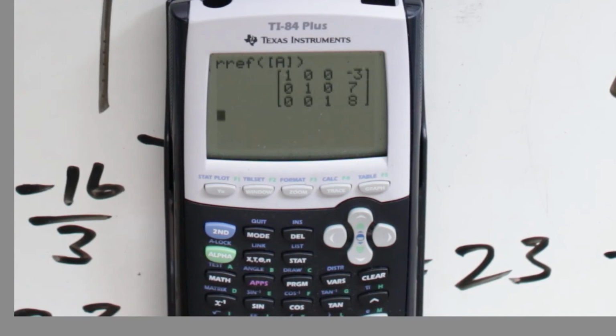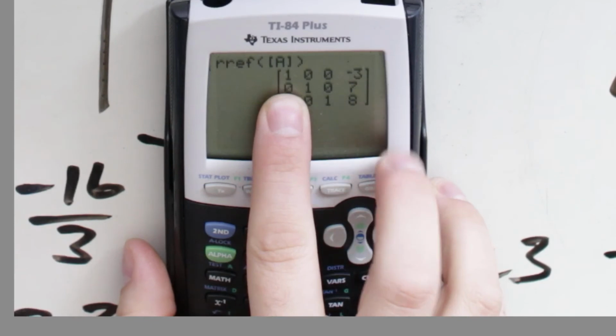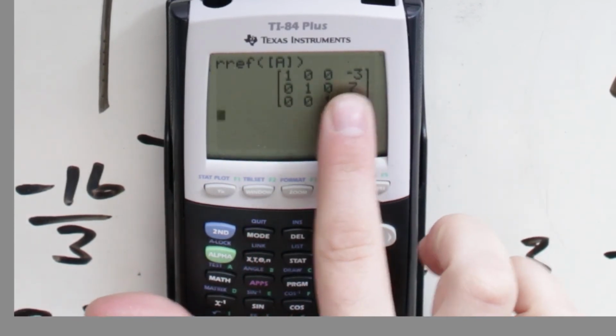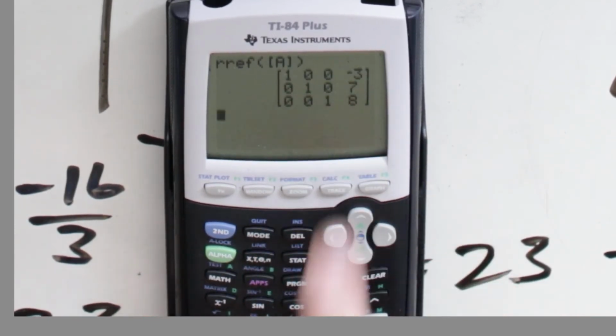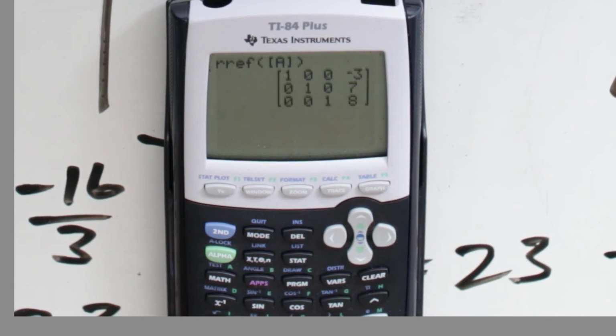So what this is basically saying is that x equals -3, y equals 7, z equals 8. And that's it. That's what you get. That's pretty crazy.